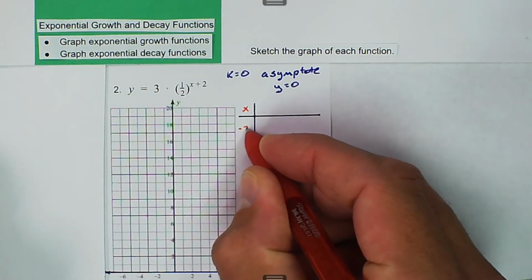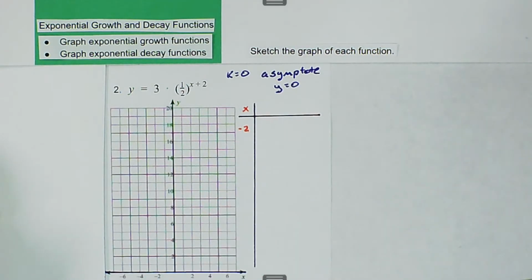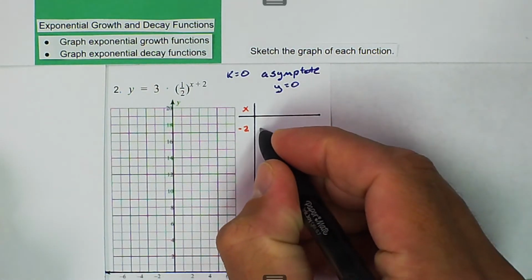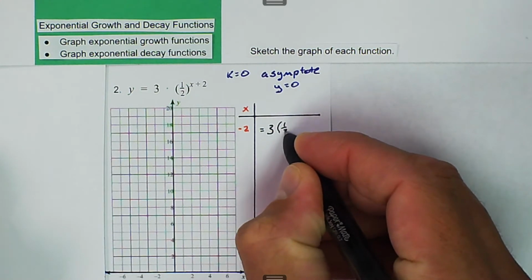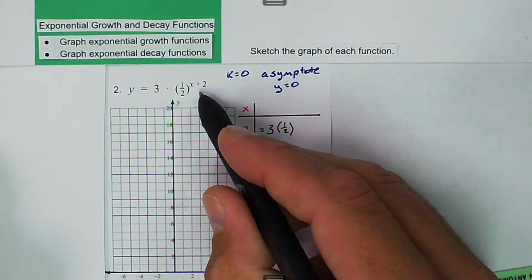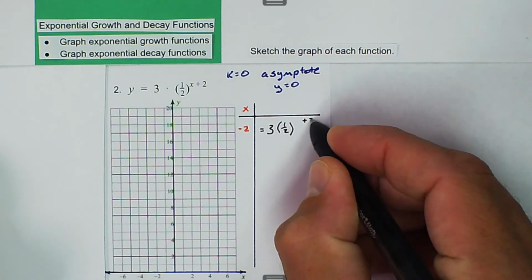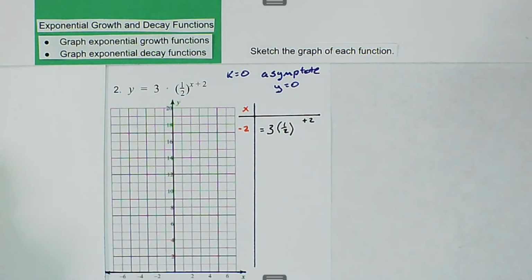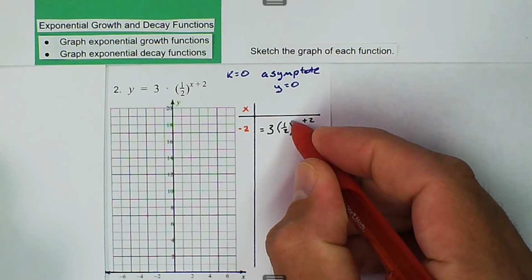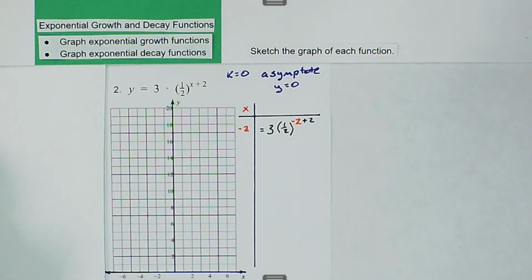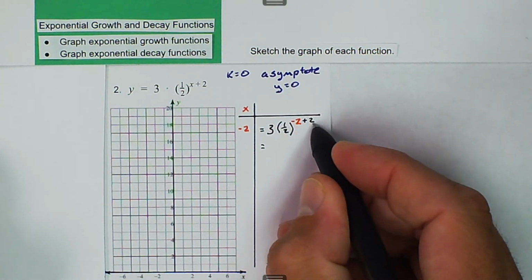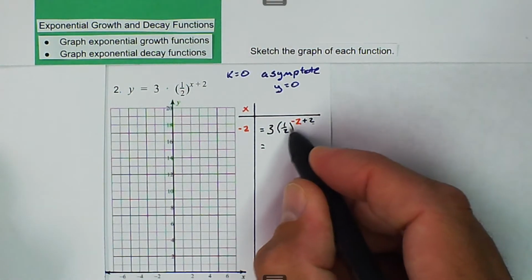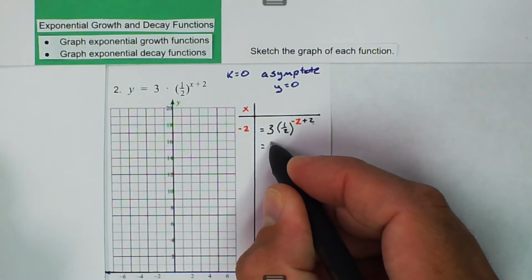We substitute in -2. So in the equation, 3 times 1/2 raised to the x plus 2, this is going to be -2 in for the x. And then what we get is -2 plus 2 is 0. 1/2 to the 0 power is 1.